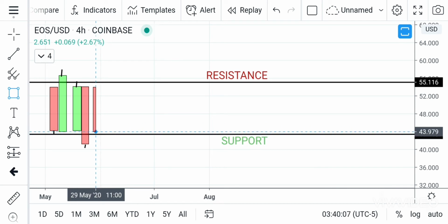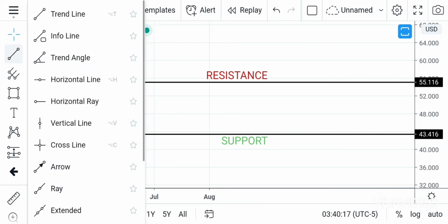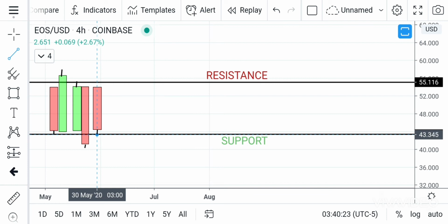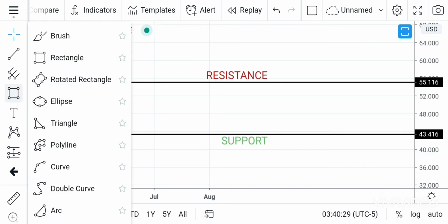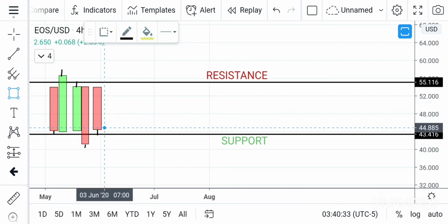So it came to an area of support right here, and you have a little price rejection to show that buyers want to start coming in. I indicate my price rejection using a small wick. What happens next is that the next candle that opens is a bullish candle, showing you that the buyers are stepping in.